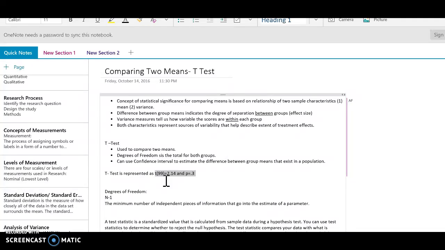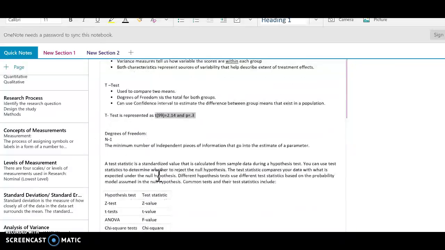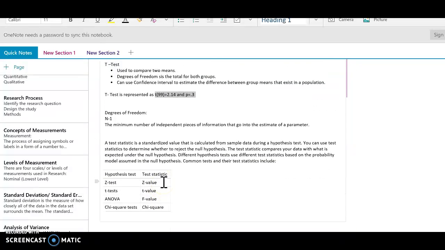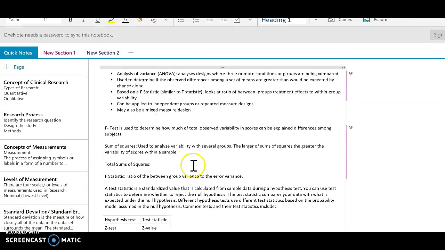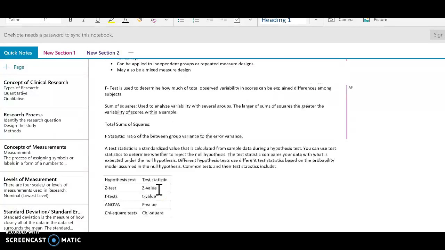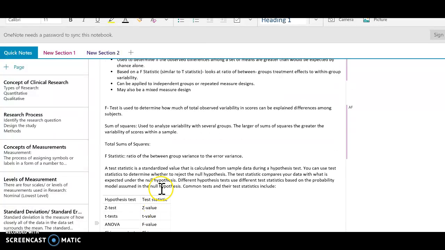And it does also use degrees of freedom, just as chi-square does, because we need to know, again, how much room do we have to vary. While chi-squares use categories, t-tests, as you know, use samples, okay? And then ANOVAs use the F statistic, or the F value.